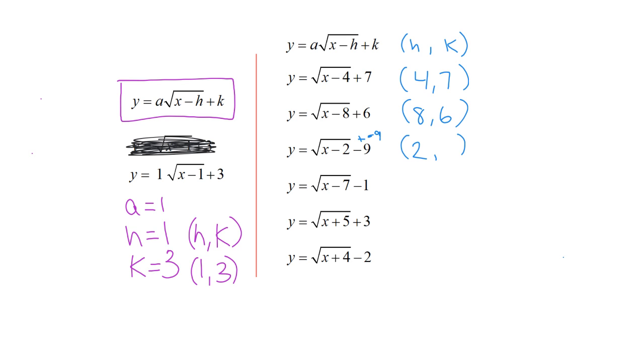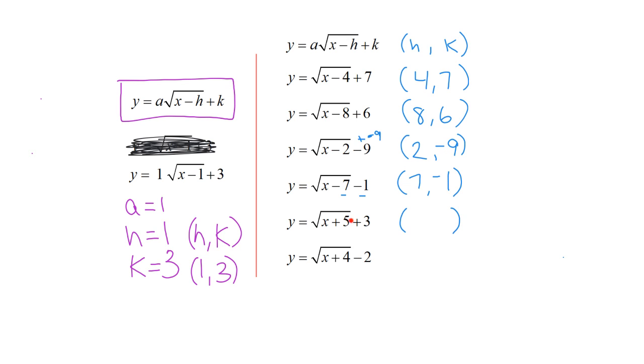Plus a negative 9. So that's negative 9. So what's the next one? Again, we have a 7 here, and then we have a negative 1. So 7, negative 1. And now something different happens on the next two.